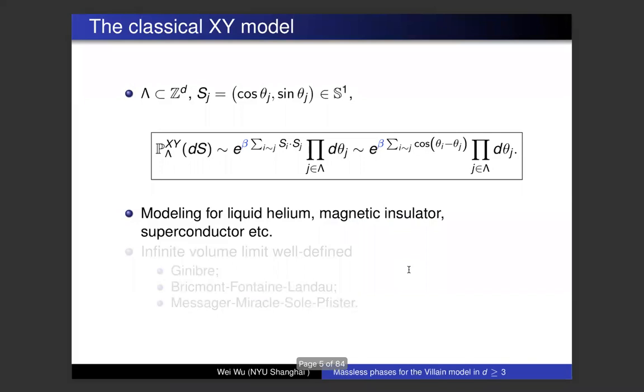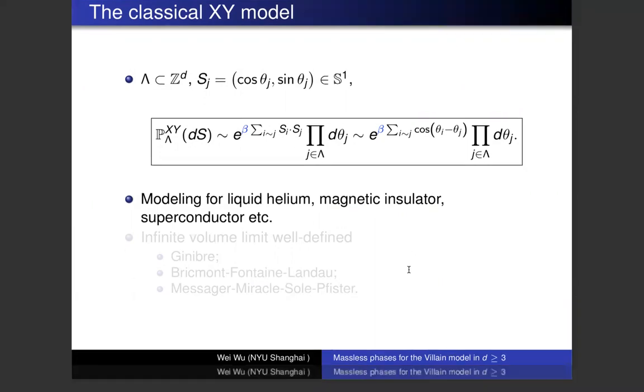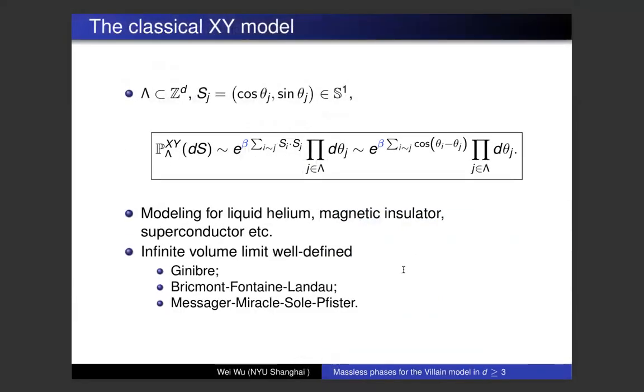The energy is maximized if the neighbors are tangentially aligned with each other. So this model has been used a lot to model novel low-dimensional materials like liquid helium or high-temperature superconductors, and so on. So here we write down the Gibbs measure for any finite graph or finite subgraph of Z^d, but there are well-known correlation inequalities going back to the 70s, for example the Ginibre inequality, that allow people to take the infinite volume limit of the measure.